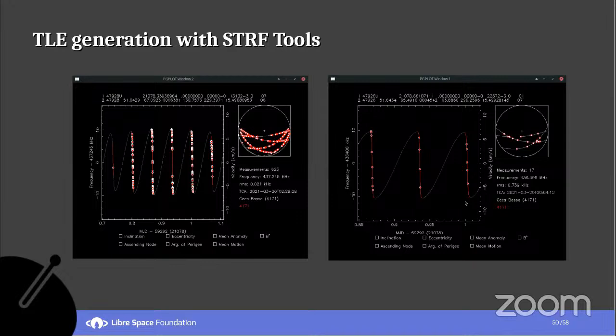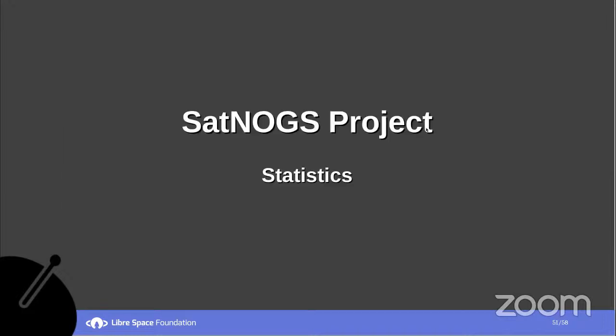And when we have this best fit, we can produce the TLE set, the orbital data, and we can publish it and use it for the next observations.